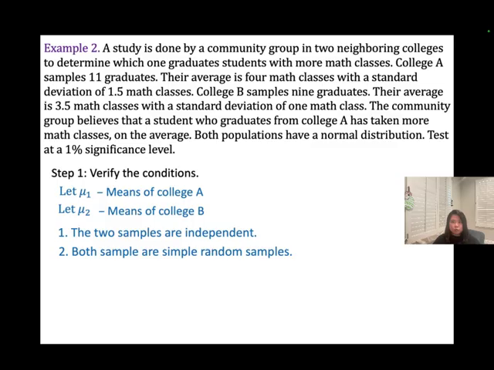Okay, for this one, what is the sample size? College A samples 11 graduates. College B samples 9 graduates. So the sample sizes are going to be less than 30, right? However, they say both populations have a normal distribution. Okay, so this fulfills the requirement. Okay, we're gonna write it down here.